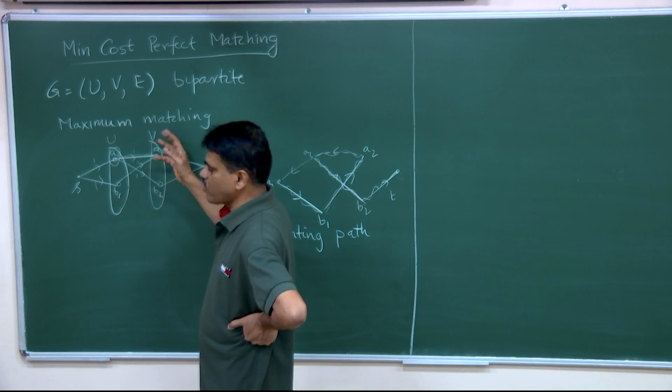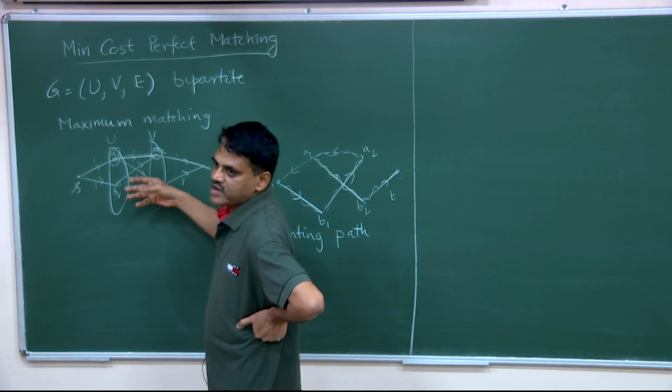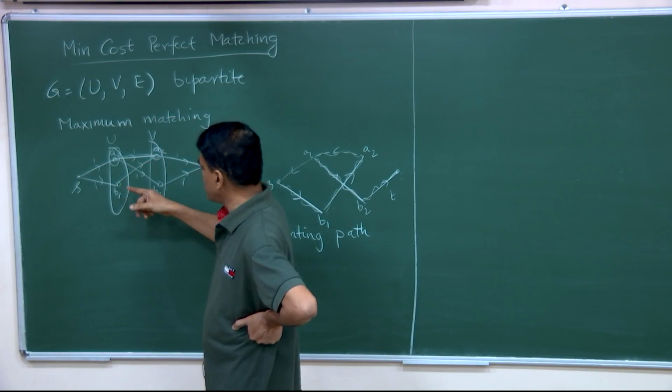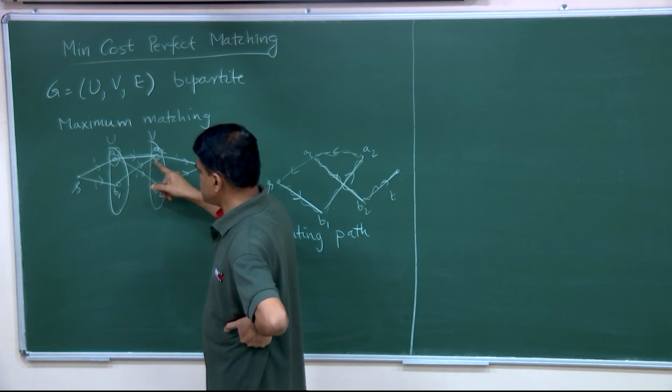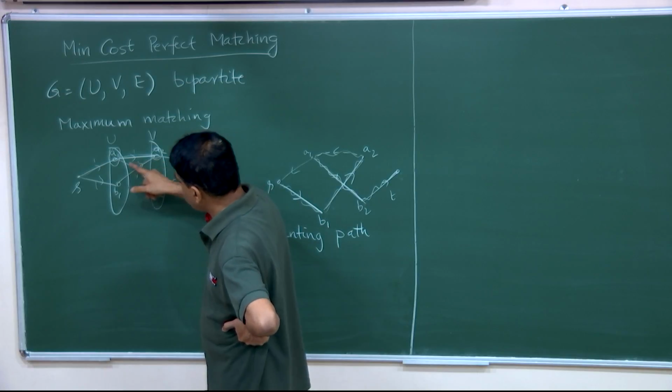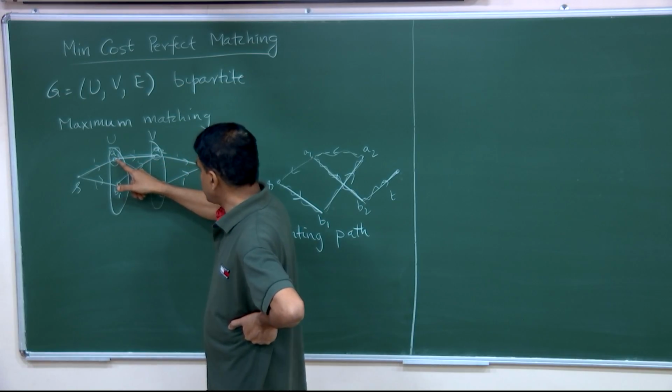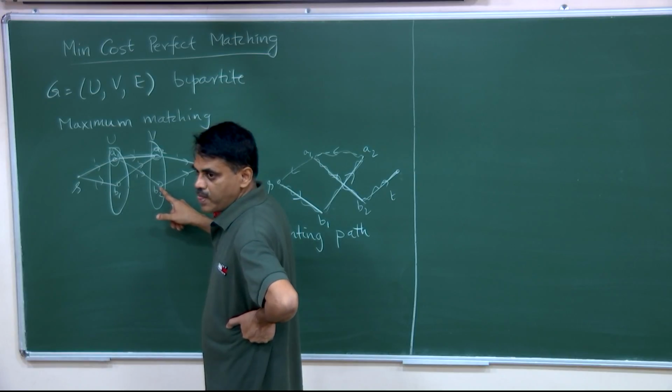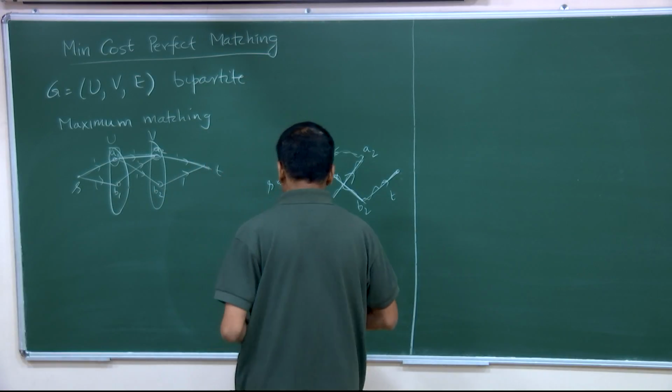Clearly, it will be a non-matching edge. Why? Because it's unsaturated. There is no matching edge to it anyway. So it will take a non-matching edge, then you follow a matching edge, and then a non-matching edge. So it's an alternating path, an augmenting path or alternating path.